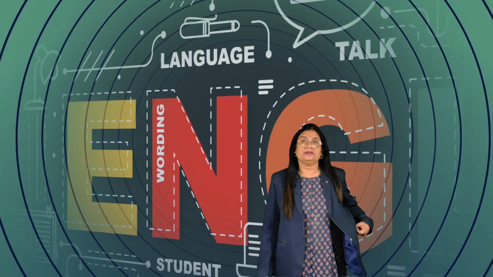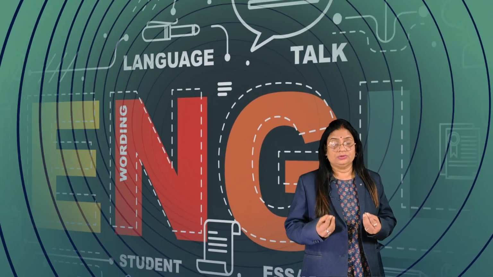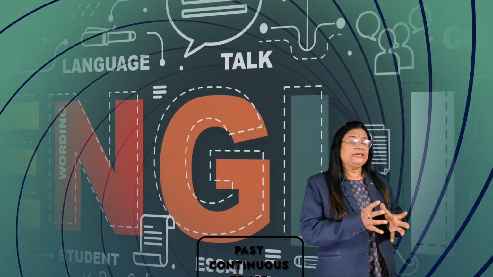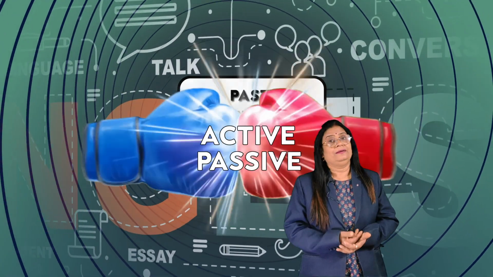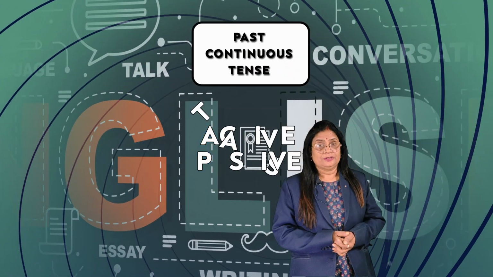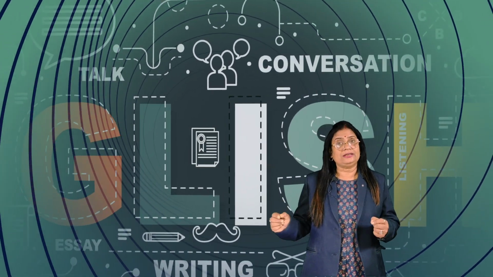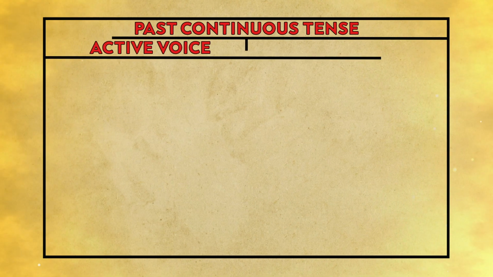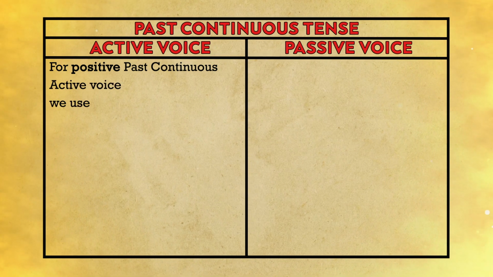Okay, now students, we are going to deal with the formula of changing past continuous sentences into the passive. So to change past continuous sentences into the passive, the rules are on your screen. The structure formula for past continuous positive sentences from active to passive are as follows.